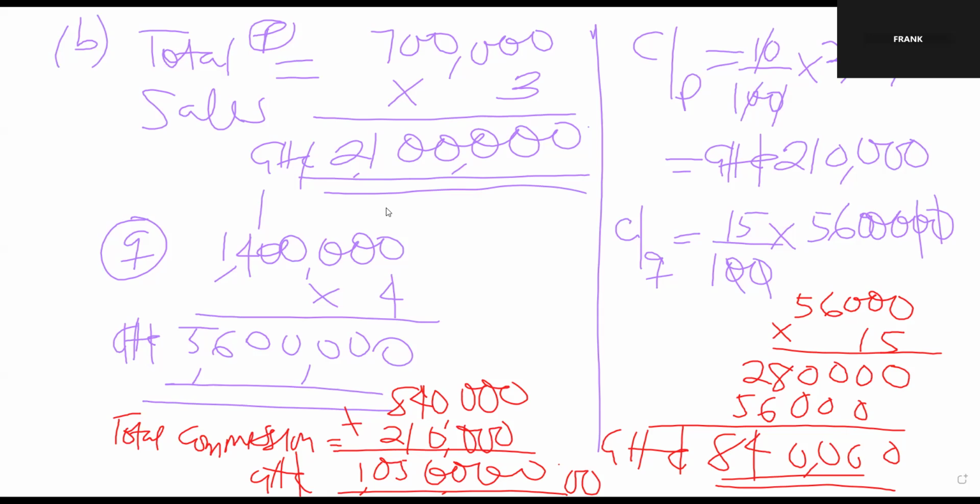Then you also find the 15% of 1,400,000, and multiply your answer by 4. 15% of 1,400,000 is 210,000 for each. Multiply that by 4, you get 840,000. You sum the two up, you are good to go.